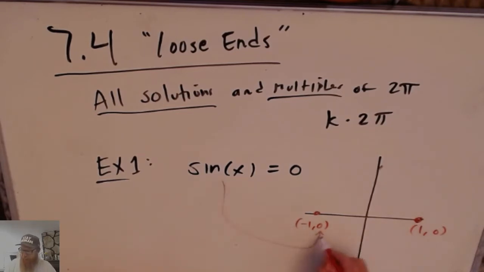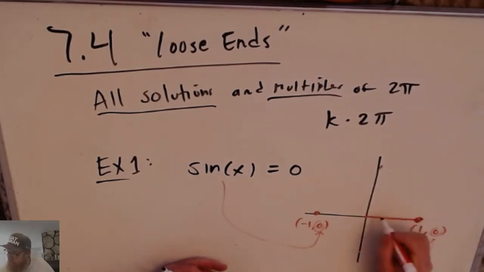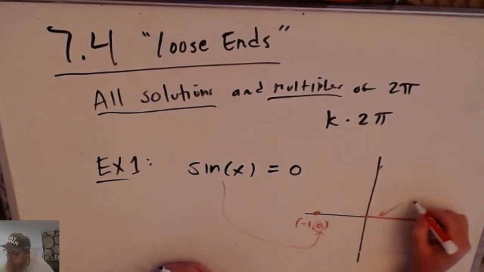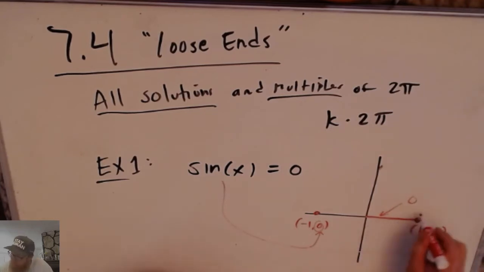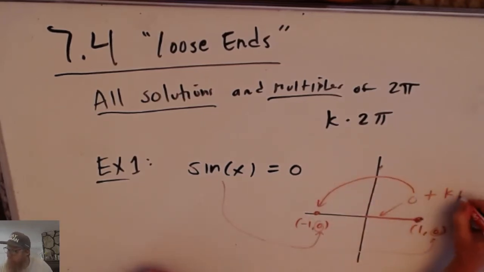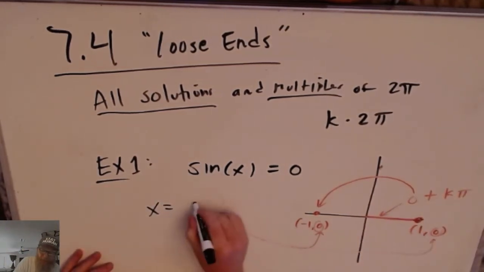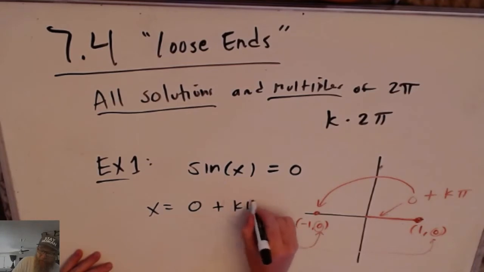Remember, sine is the y coordinate. So that's not a multiple of 2 pi, that's a multiple of pi. So your angle is 0 degrees or 0 radians plus any multiple of pi. So the solution would be 0 plus k pi.